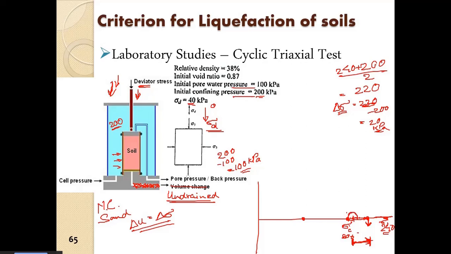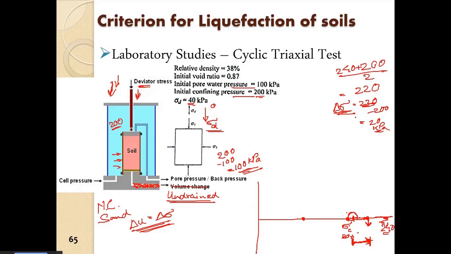The radius of the Mohr circle is the increment in the mean confinement, and the same amount of pore water pressure will be generated in the sample. So what will happen is that the effective stress Mohr circle will grow, but the mean effective confinement will remain the same.